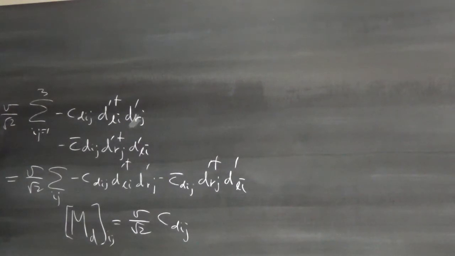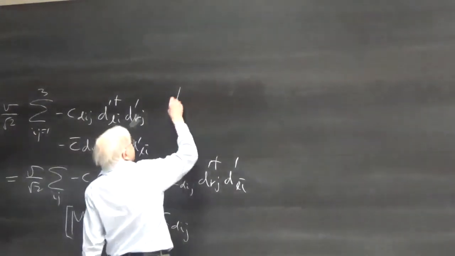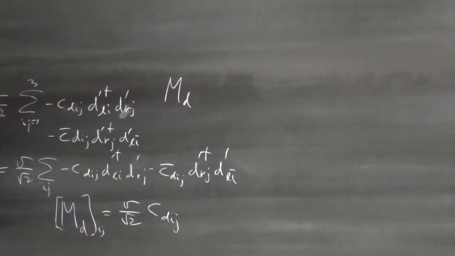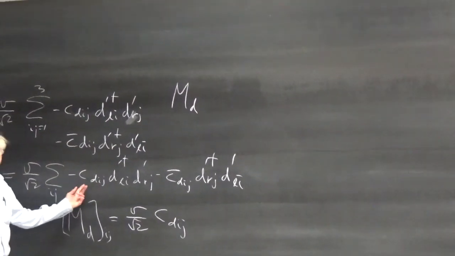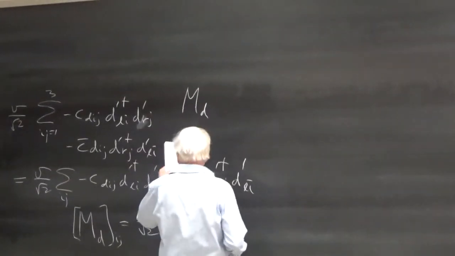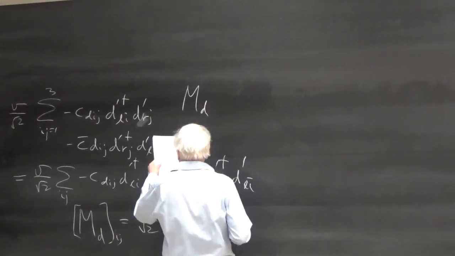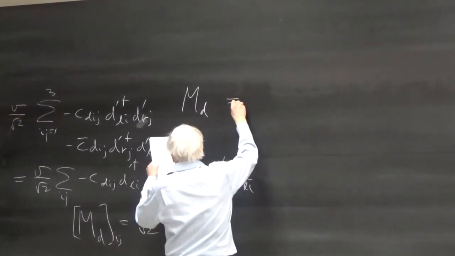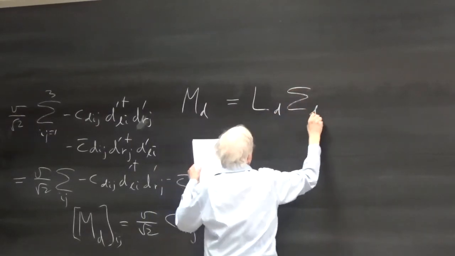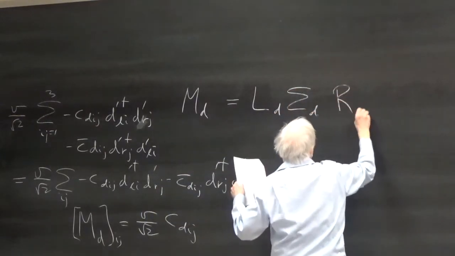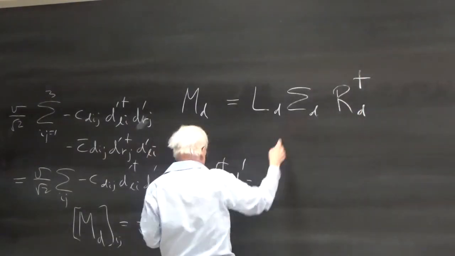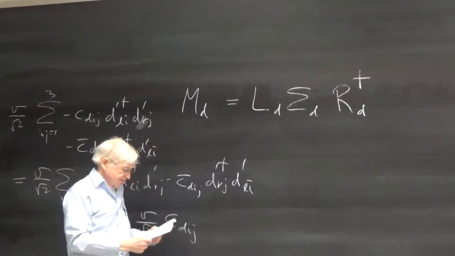And so what we've got is a 3x3 complex matrix with apparently no structure whatsoever, because these coefficients could be anything. On the other hand, what we can do is a singular value decomposition. And that gives the masses on the diagonal here of the down quarks.